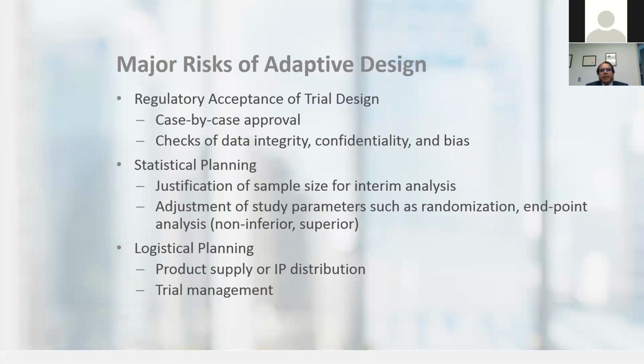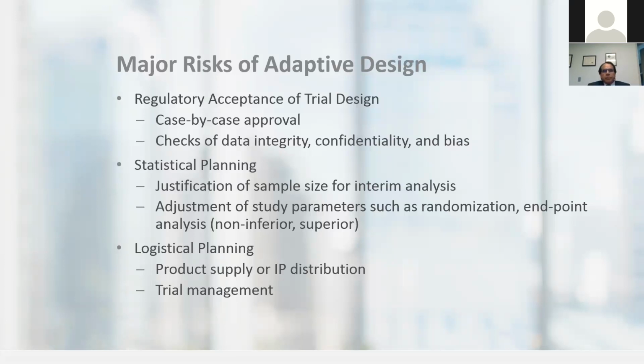What are the main risks of an adaptive trial design? The main risk of adaptive trial design really is regulatory acceptance of that adaptive trial design. If you want to do an adaptive trial design, the regulatory agency may not agree with you to adapt a particular factor that you have in mind.